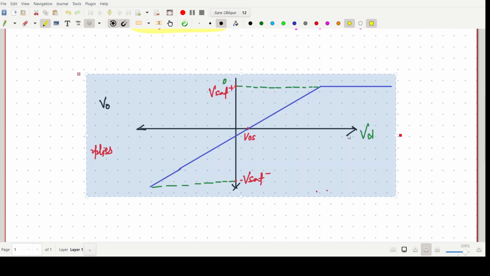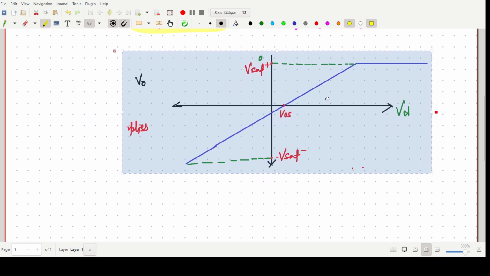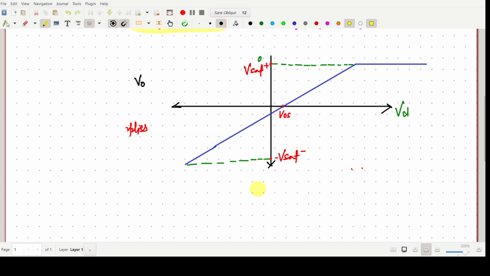So now we have to start with the condition. I have already copied this, so I am again making the transfer characteristics. As I discussed, this point is Vd plus, and this portion is the positive saturation.